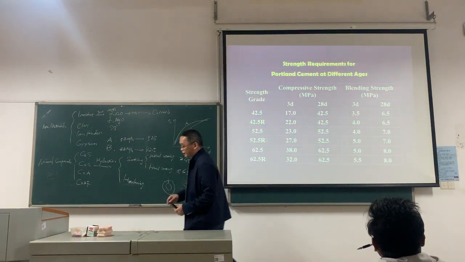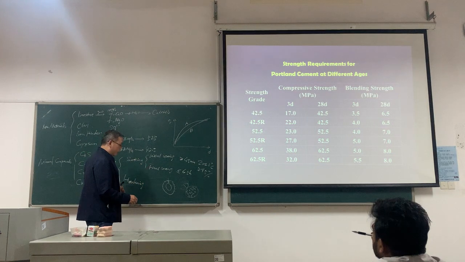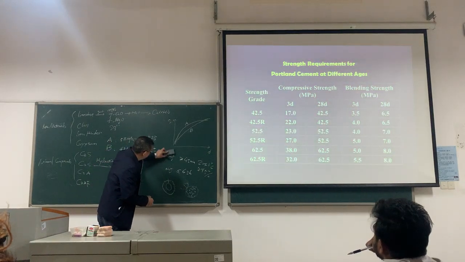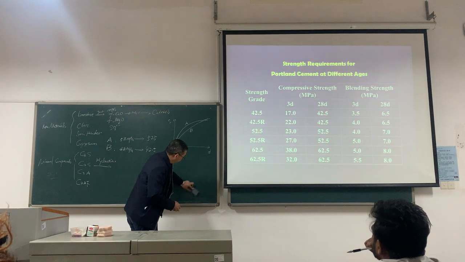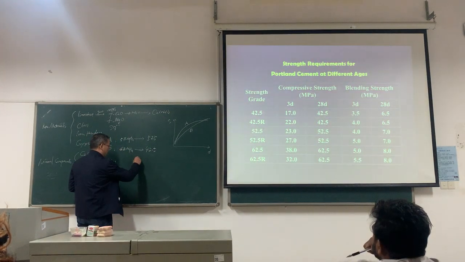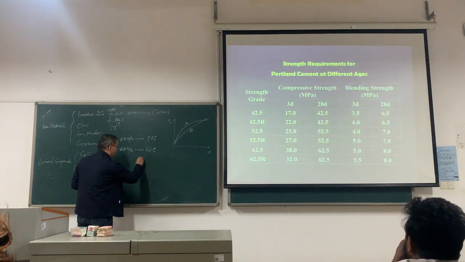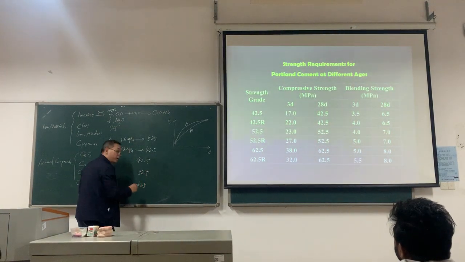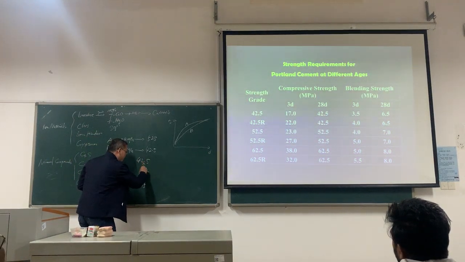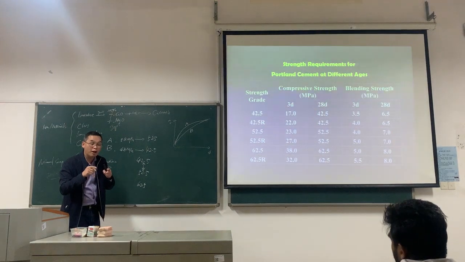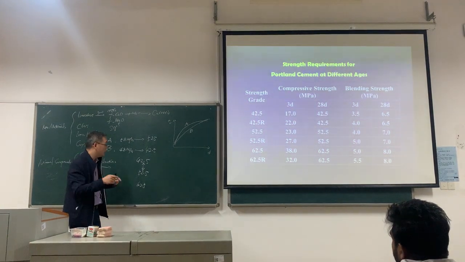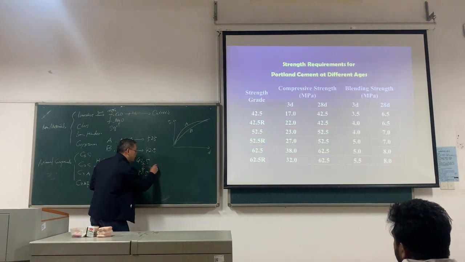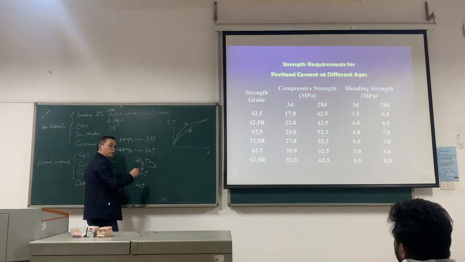There are three kinds of strength grade: 32.5, 42.5, 52.5. If the compressive strength after 28 days for the cement is between 42.5 and 52.5, it belongs to 42.5.